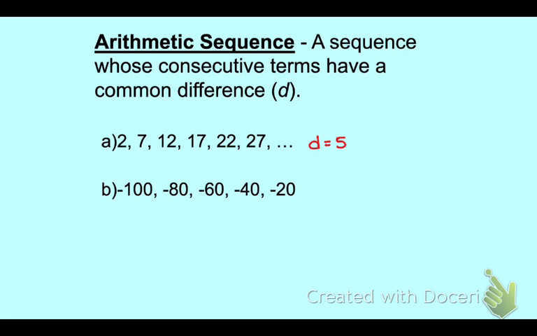Positive 20. Could it have been negative 20? No. You add or subtract, so if you're subtracting, it would be negative. But it could be negative in another situation, like if it was negative 20, negative 40, negative 60.